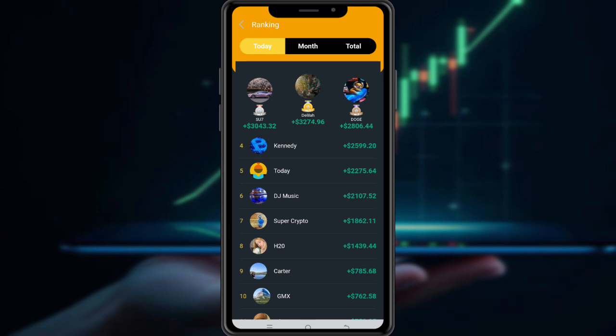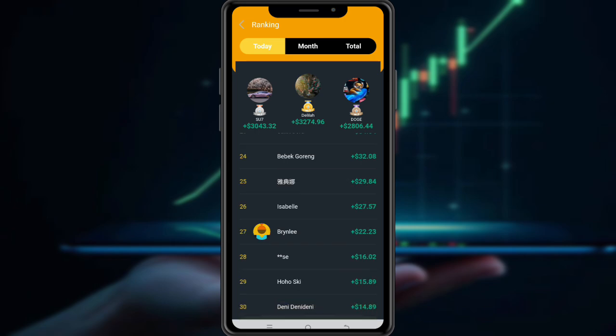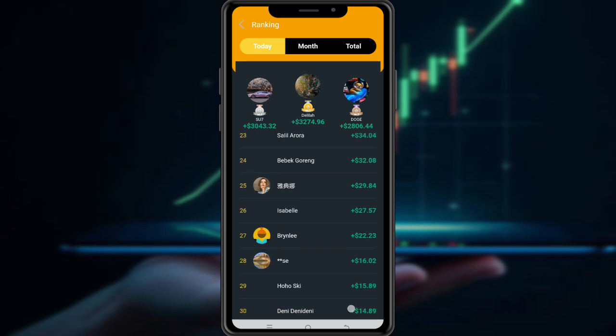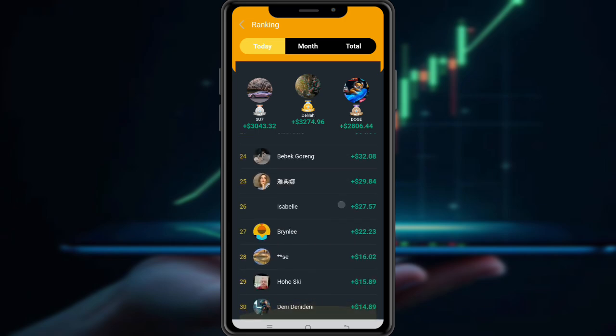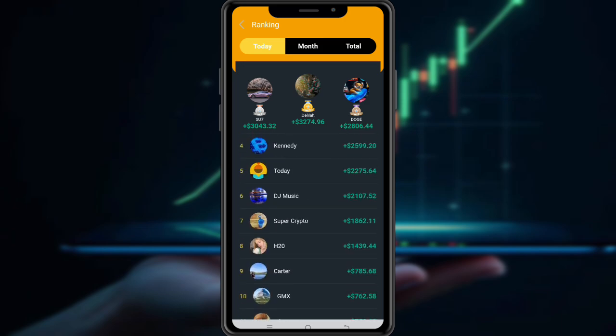Then the third person has made $2,806. Then the last person in this list has made $14.89. The time is too young and people are really making money here. So that is the ranking for one day.